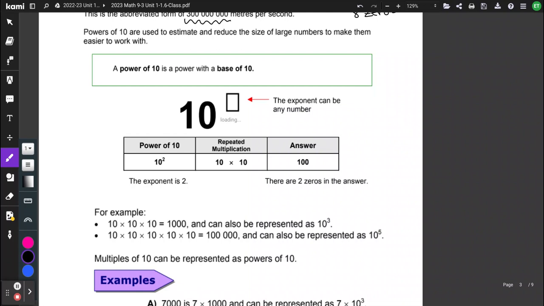So the power of 10 is a base of 10. Okay, so your base is the 10. The exponent number can be any number.